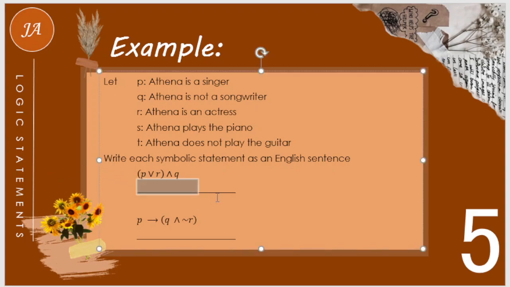So for the first symbolic sentence, we have here the quantity of P or R, and Q. So we let P as Athena is a singer, or we let R as Athena is an actress.